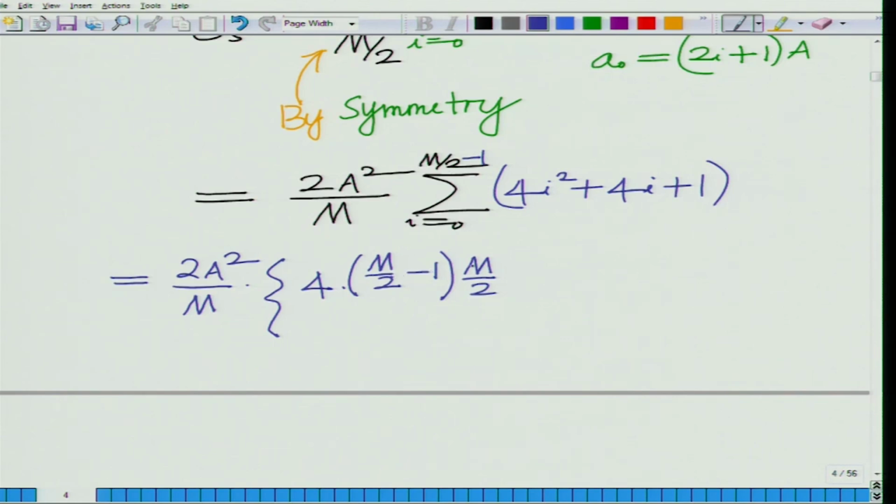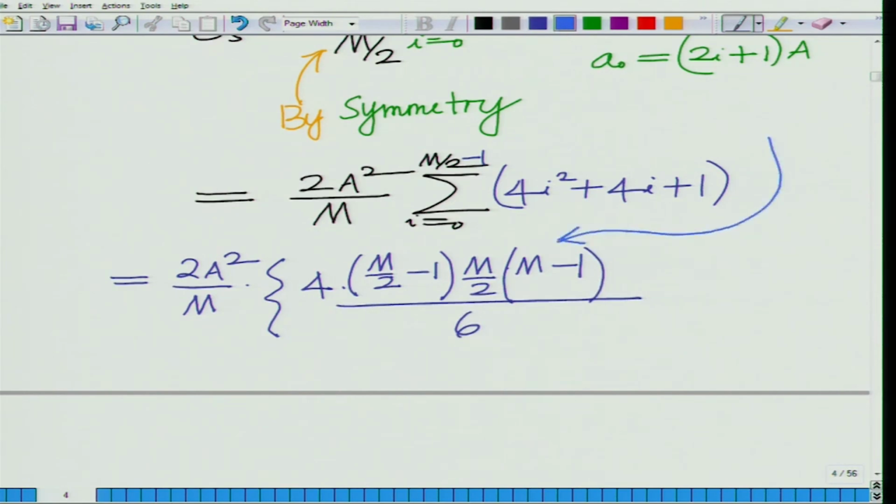So, that is m by 2 minus 1 into m by 2 minus 1 plus 1, that is m by 2, times 2 times m by 2 minus 1 plus 1, that is m minus 2 plus 1, that is m minus 1, divided by 6. You should be able to evaluate these from standard expressions for summation of I square. I am not going to repeat this because you are expected to know it.